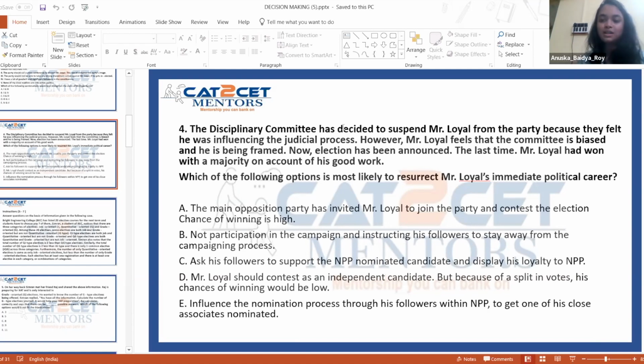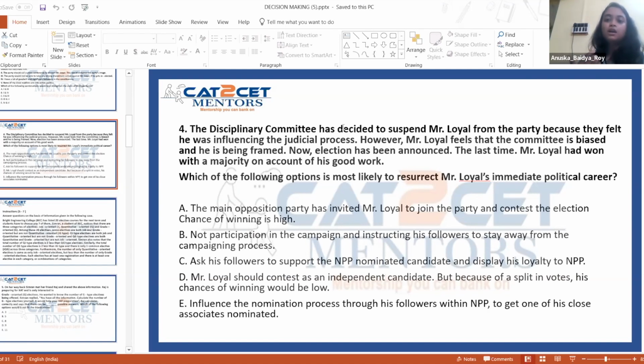If Mr. Loyal stays in NPP and NPP throws him out, that will put Mr. Loyal's political career in jeopardy, right? So if he joins the opposition party, contests for the opposition party and wins, which has a fairly high chance, so his political career will be stable, right?